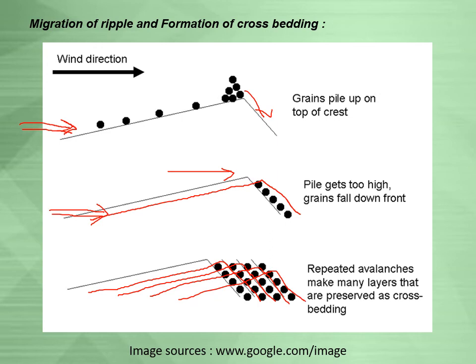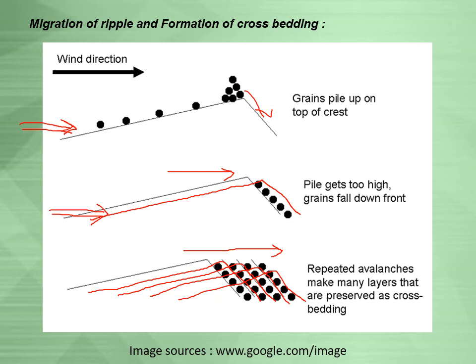So you can clearly see that the stoss side and lee side gradually progress in the down current direction. In this way, by repeated erosion from the stoss side and deposition on the lee side, a ripple will move in the down current direction.